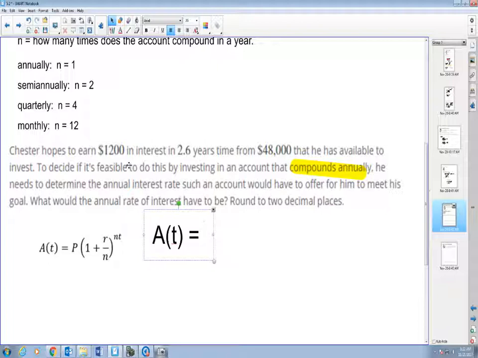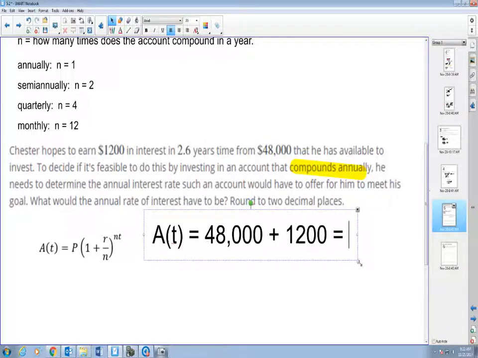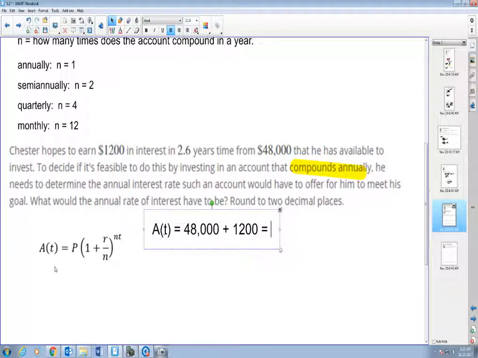So my A sub T has to be $48,000 plus the interest he wants, because A sub T means the amount of money in your account after so much time. What's in it has to be the principal plus the interest.